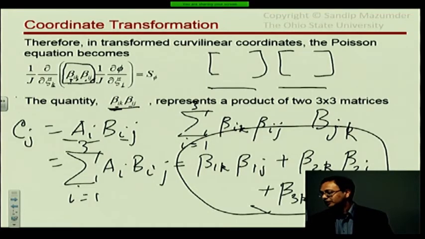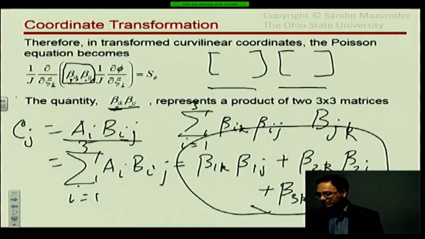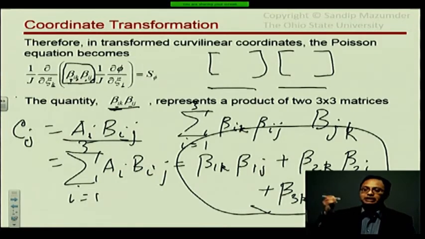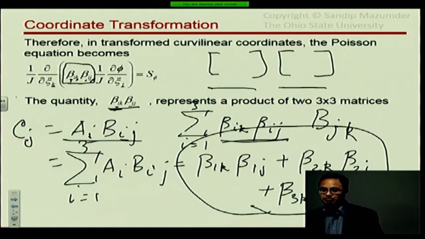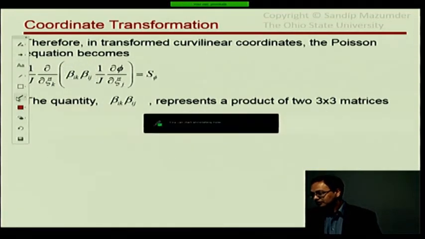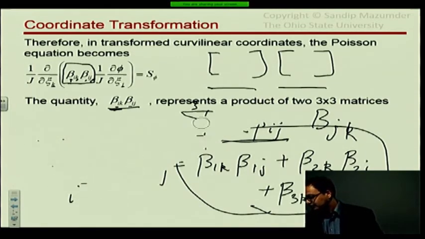This is like a matrix-vector multiplication. For each value of j, I multiply over all 3 components of i, so it gives a value depending on j. Same idea here: two matrices getting multiplied, and once you sum through i, you end up with j and k. Let me wipe that out so we can see what's going on.